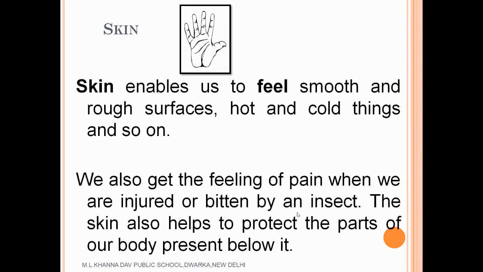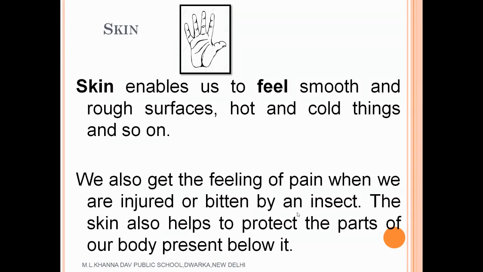Next sense organ is skin. Dear students, when we touch a piece of ice or hot water, immediately we remove our hand. Why? Because we are feeling hot and cold things. And which organ tells us? Skin.